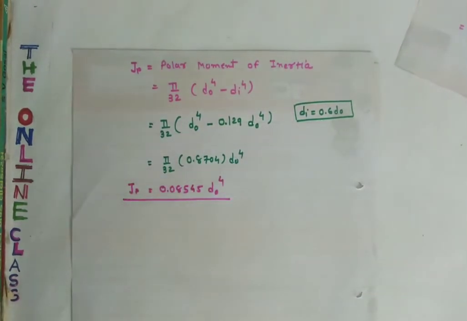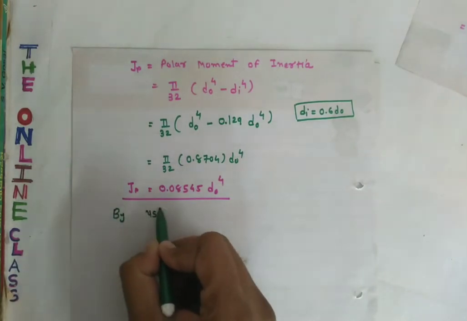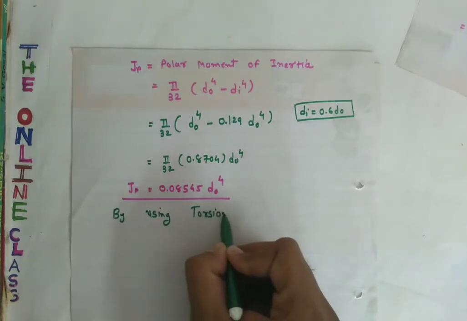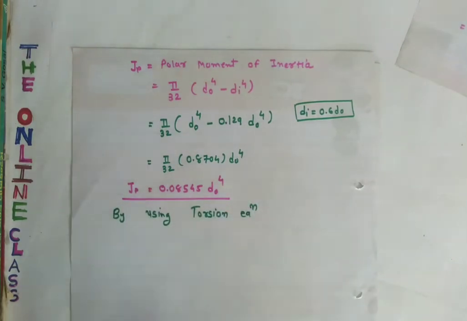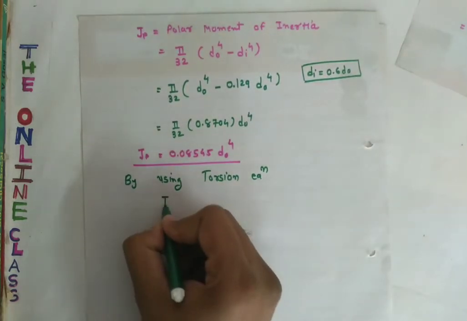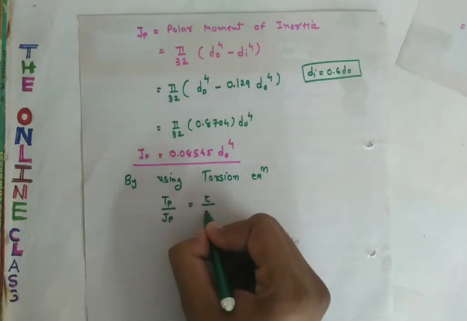Here by using the torsion equation, TP by JP is equal to tau by RO.